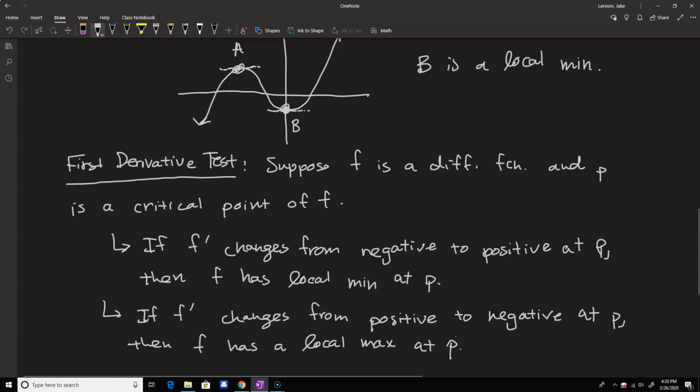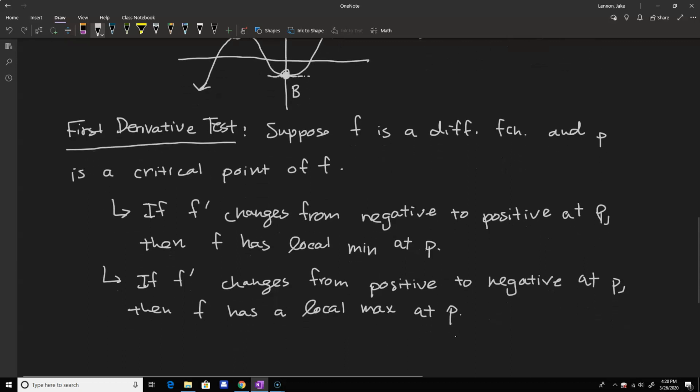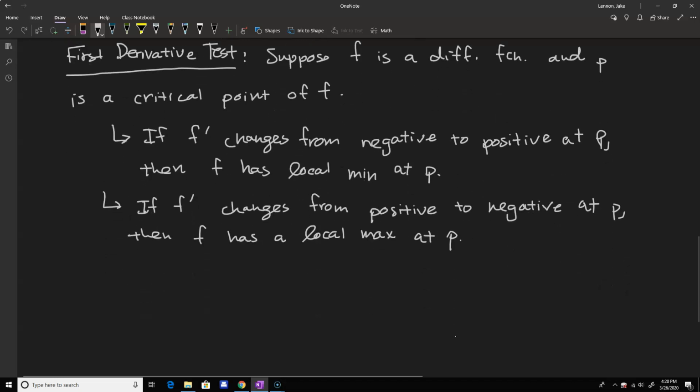So let's look at some examples about how we can use this first derivative test to identify local extrema. So usually what this amounts to is we're going to know some derivative formulas. We're going to have to set the derivative equal to 0, solve, and then we're going to use what I call test value regions to figure out the value of the derivative in those different spaces.